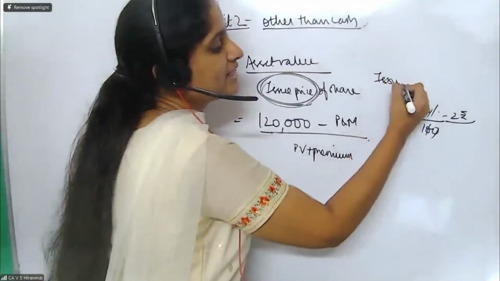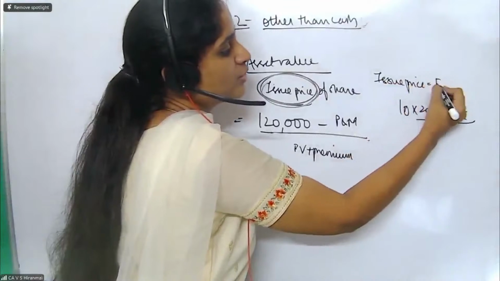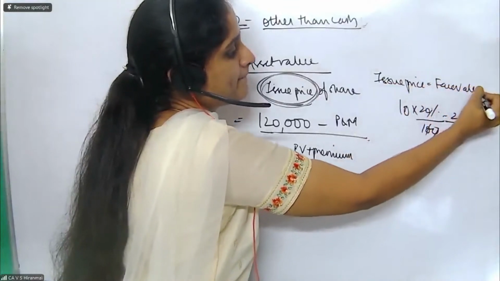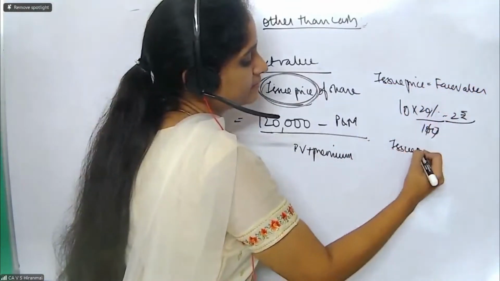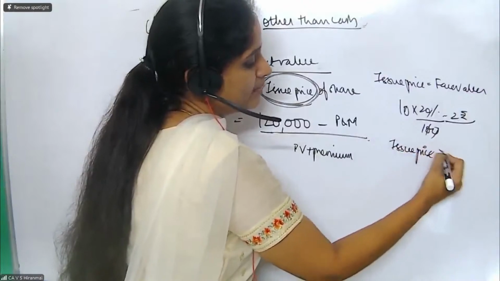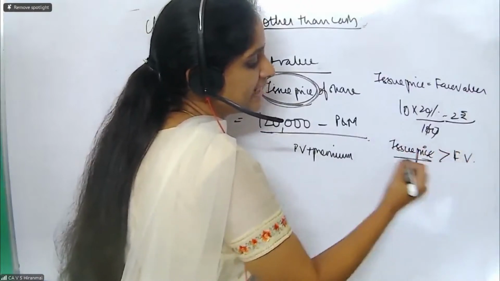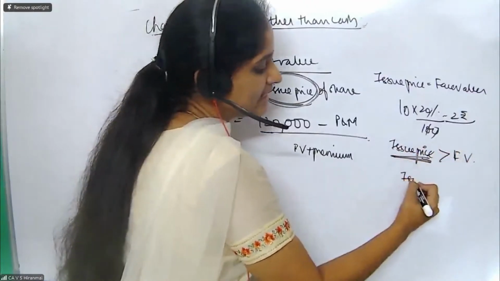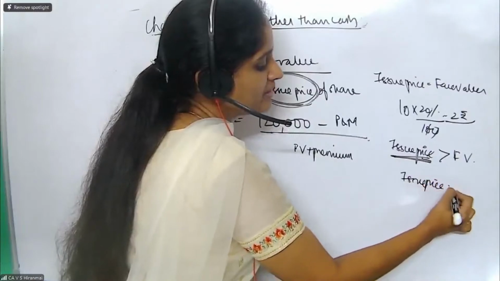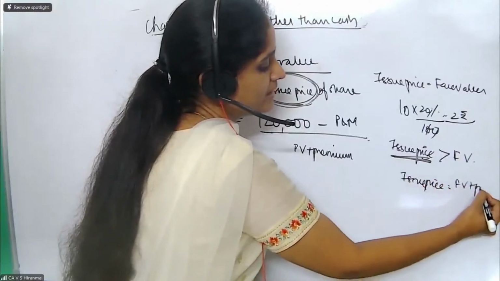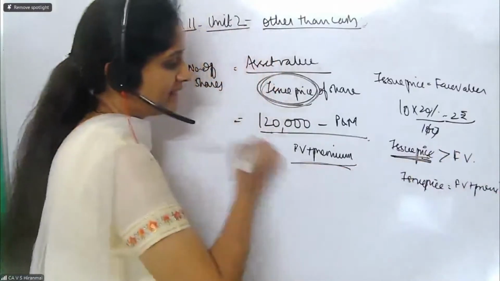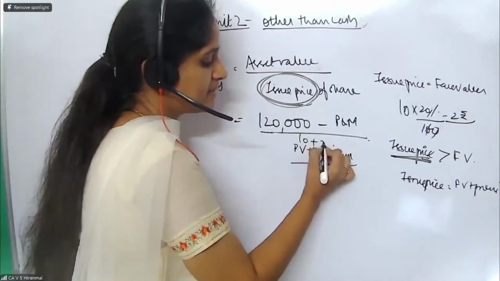So there can be three things. Issue price can be equal to the face value. Issue price can be more than the face value, which means I can issue it at a premium. In that case, what will be the value of issue price? Face value plus premium. So I'm taking it here. Face value is 10, premium is 2.